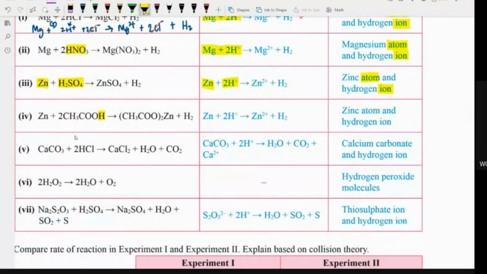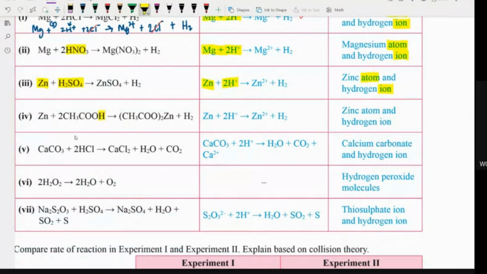Now this one, be careful here. Calcium carbonate with hydrochloric acid produces calcium chloride, water, and carbon dioxide. Calcium carbonate is a solid, so it is maintained. Hydrochloric acid is still the same, hydrogen ions. But calcium carbonate is the exception.